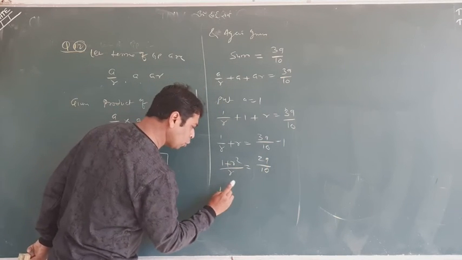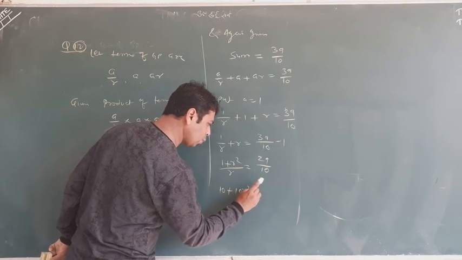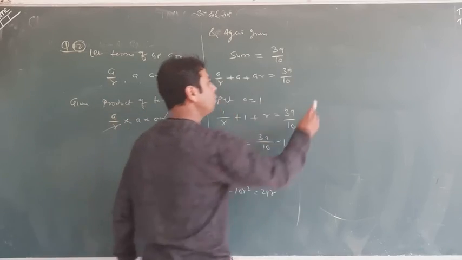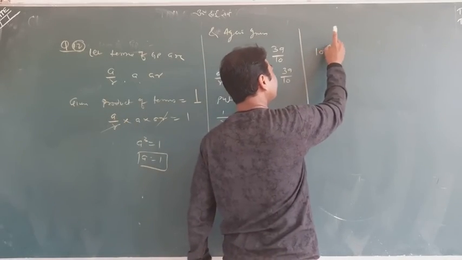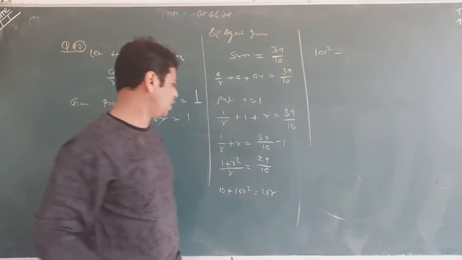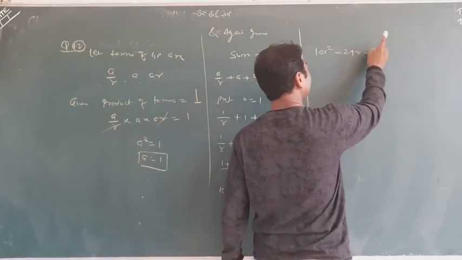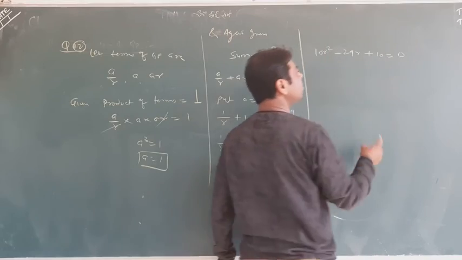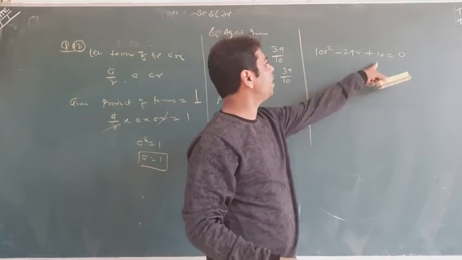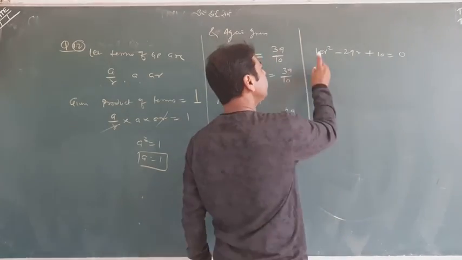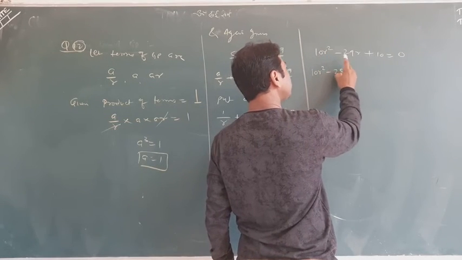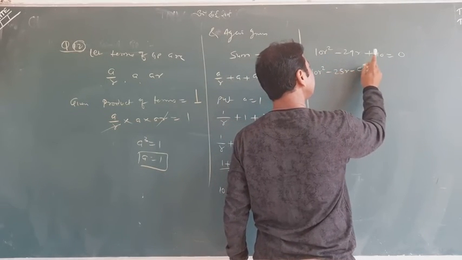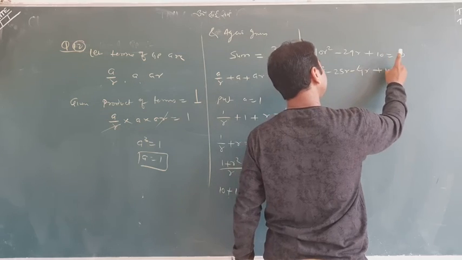Cross multiply: 10 r square plus 10 equals 29r. Finally, we have 10r square minus 29r plus 10 equals 0. So it's middle term splitting. 10 times 10 is 100, split into 25 and 4. So I write 10r square minus 25r minus 4r plus 10 equals 0.